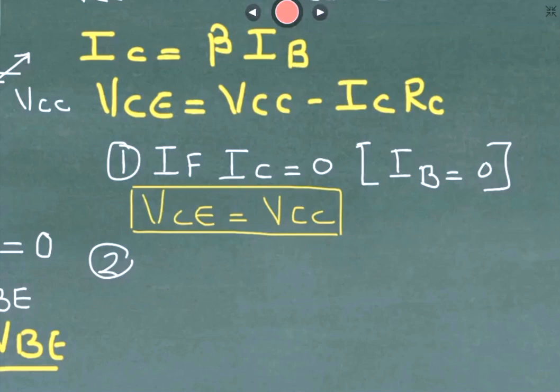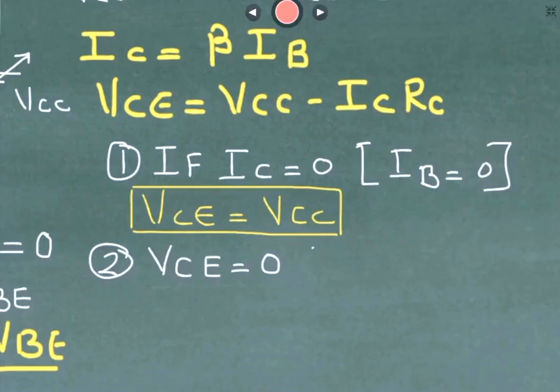The case number 2 is when the value of VCE is equal to 0. Now when VCE becomes equal to 0, this is called saturation.